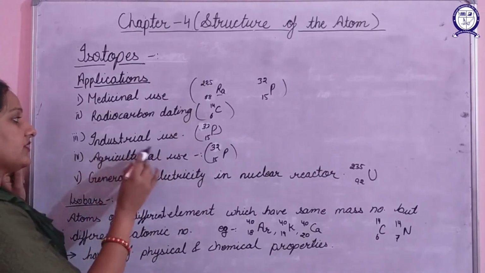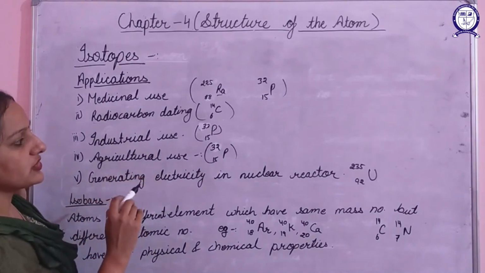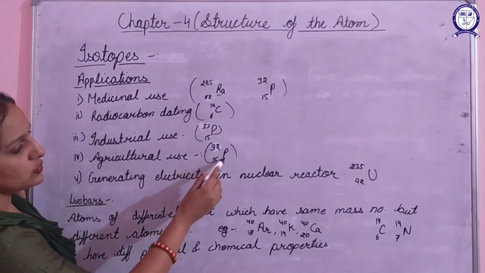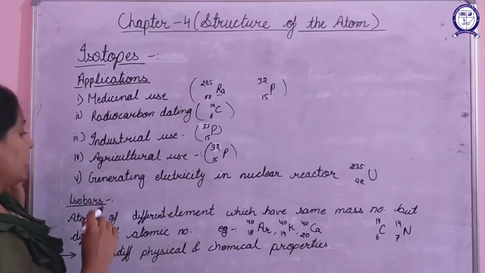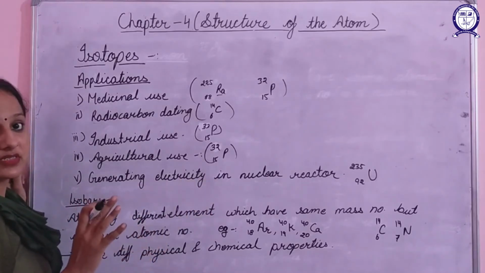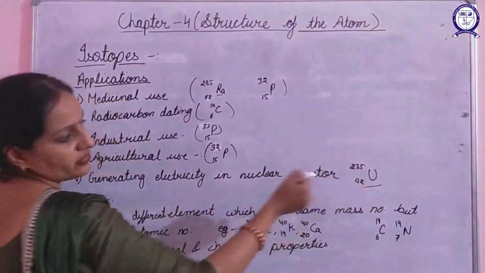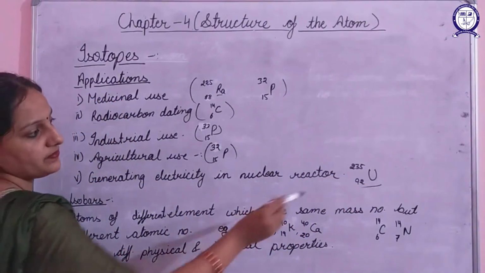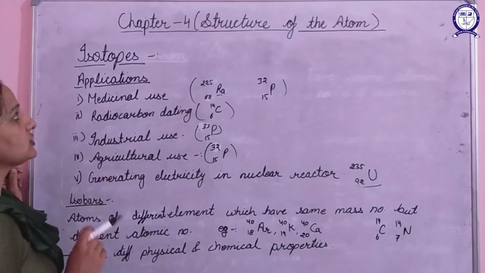So it finds application in different industries also. Next is agricultural use. In agricultural use, we use 15 phosphorus 35 in fertilizers. And then generating electricity in nuclear reactors, that is nuclear electricity. In that also we use an isotope of a radioactive element, that is uranium 92, uranium 235. So these were a few applications of isotopes.